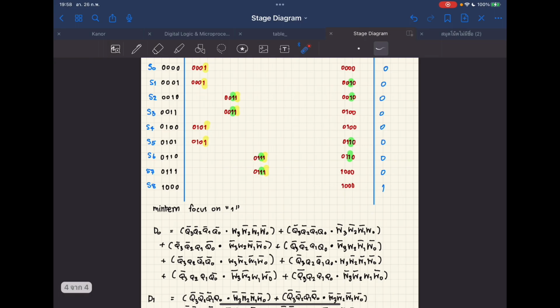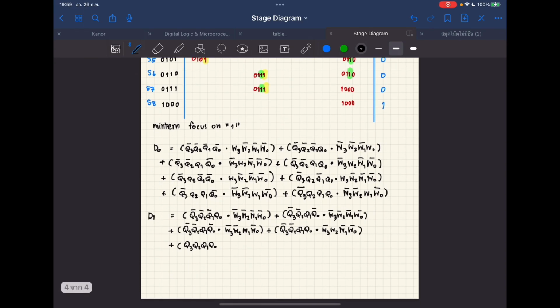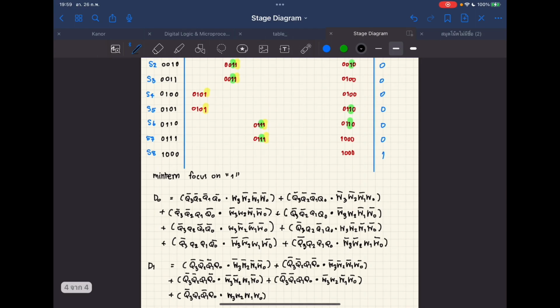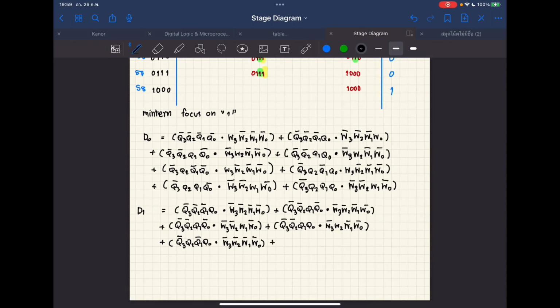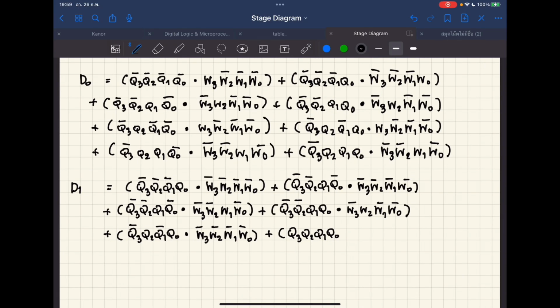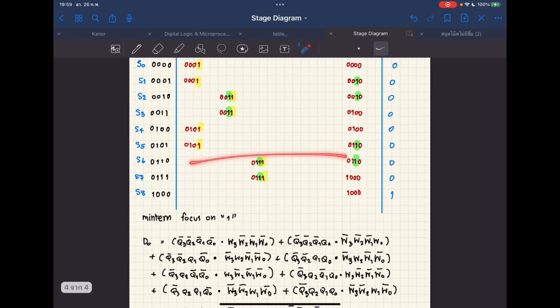And then we look at this one, stage 5, and press the 0. Stage 6, and press 0 again.